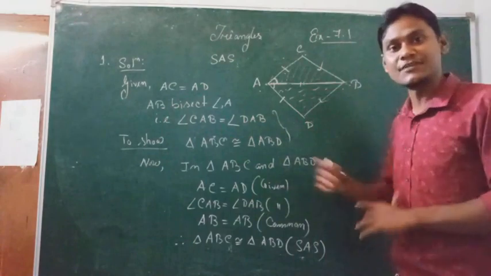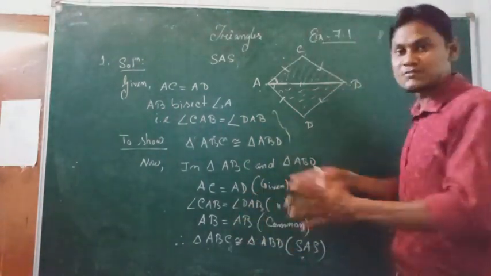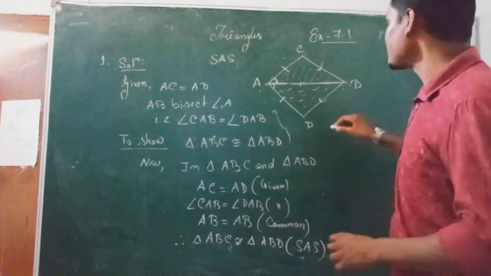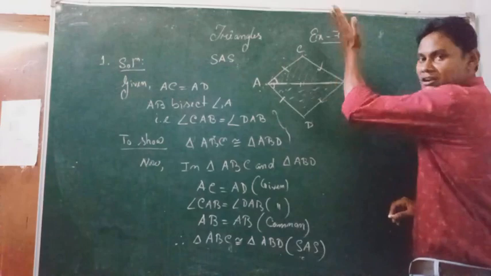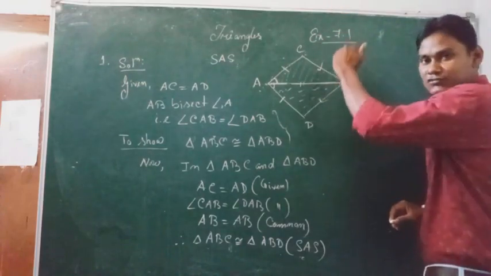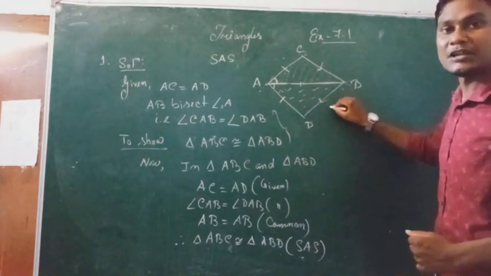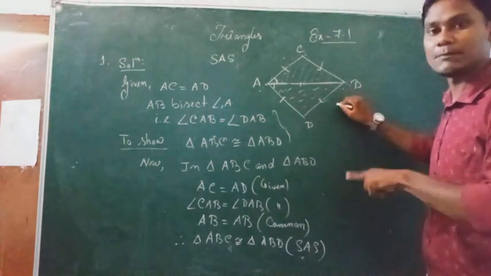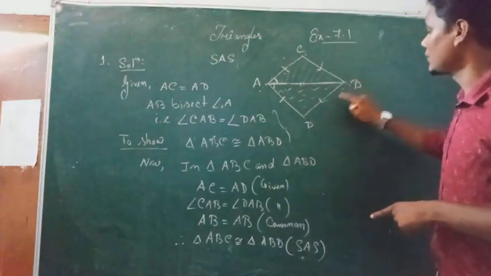The corresponding parts will definitely be equal, because the two figures are congruent, meaning both figures will be identical. In this case, this BC side belongs to the upper triangle and this BD side belongs to the lower triangle. That's why BC will be equal to BD according to CPCT, corresponding parts of congruent triangles, because this BC side corresponds to BD side.